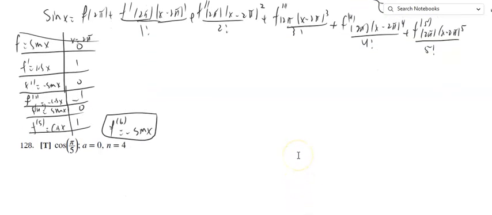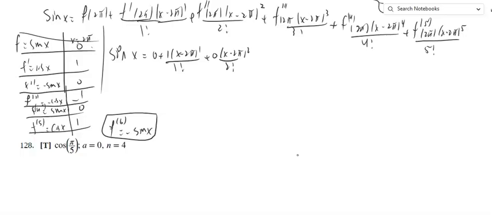And if I substitute these values in, we're claiming that the sine of x around 2 pi is going to be 0 plus 1 times x minus 2 pi to the 1 over 1 factorial plus 0 times x minus 2 pi squared over 2 factorial minus 1 times x minus 2 pi cubed over 3 factorial plus 0 times x minus 2 pi to the 4th over 4 factorial plus 1 times x minus 2 pi to the 5th over 5 factorial.